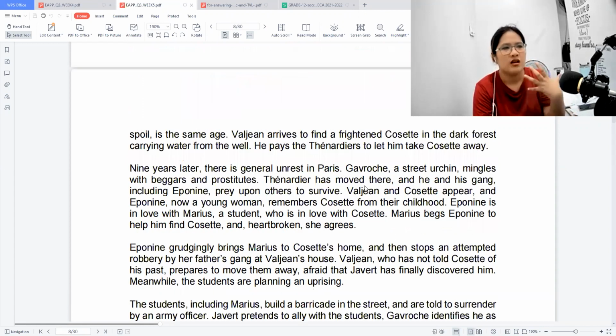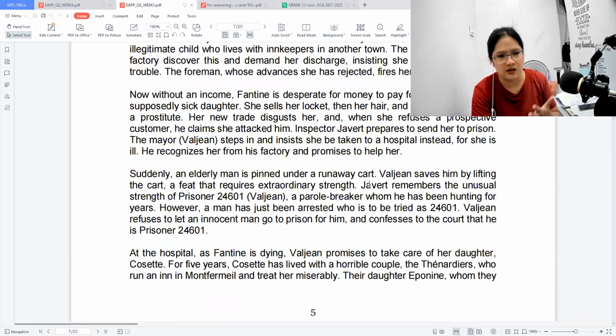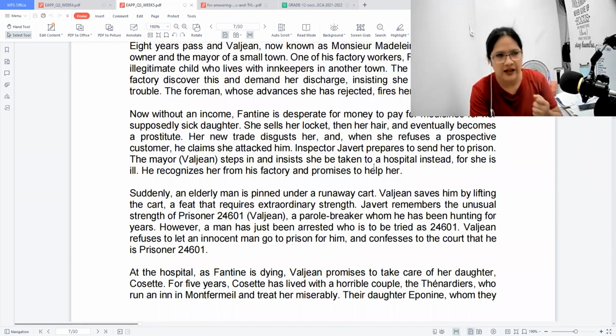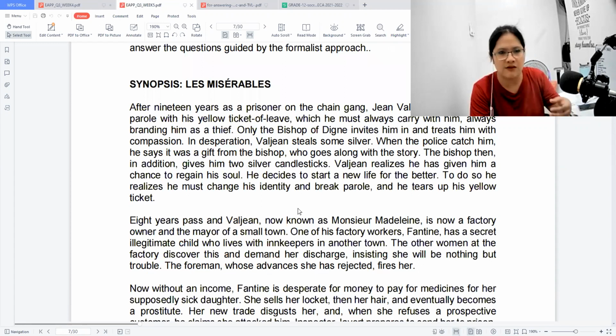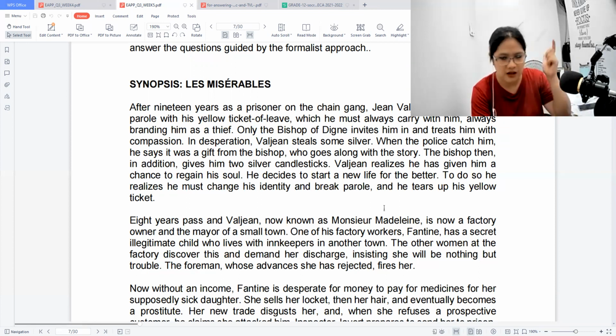We started, I think we started the play with look down, don't look them in the eye. And the prisoner, Jean Valjean, was even addressed as prisoner 24601. I could still remember that. And then, nandun si Javert, Inspector Javert. So, Jean Valjean was practically in prison kasi nagnakaw siya ng tinapay para dun sa anak nung kapatid niyang may sakit, if I'm not mistaken.